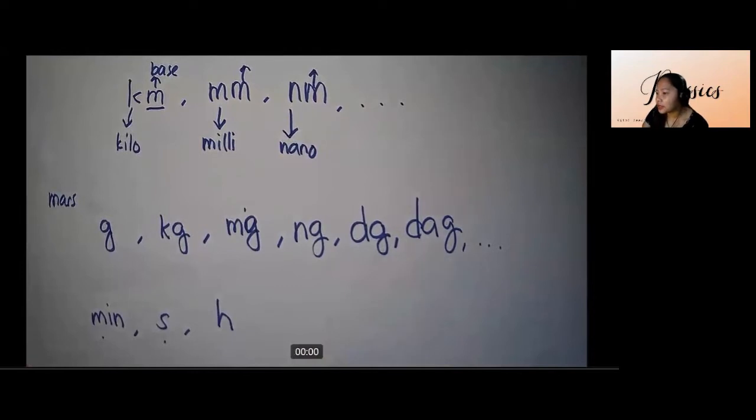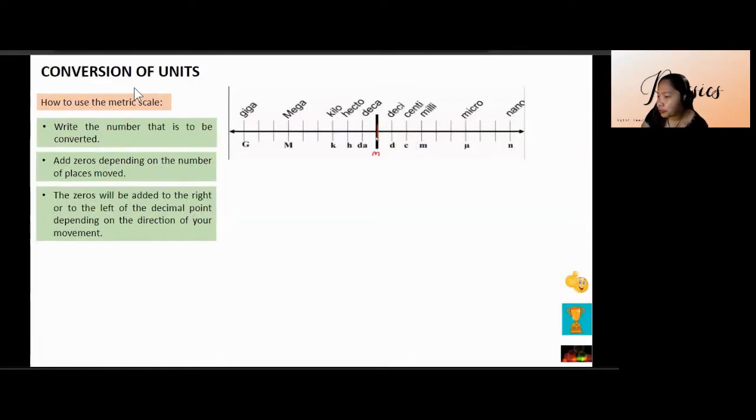Let's begin. First, we will use the metric scale for those units that have prefixes, such as the one given here in the ruler. We have the prefixes giga, mega, kilo, hecto, deca, deci, centi, milli, micro, and nano.